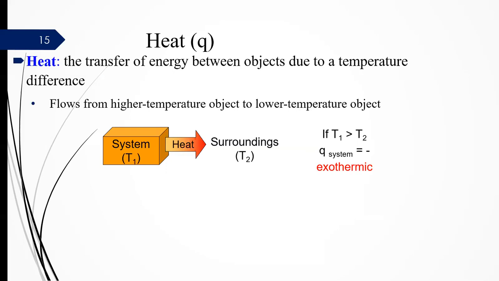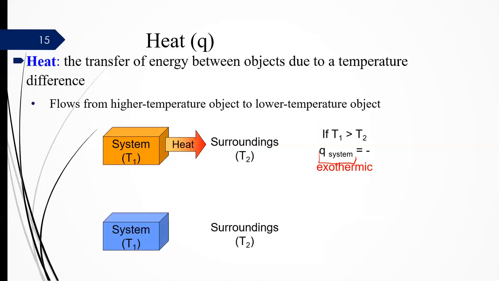The Q for the surroundings is going up, which means that it's becoming higher, which would be a positive change. But when we're describing this part, we're really focusing on what's happening to the system, not to the surroundings, which is why the heat of the system is going to be negative.